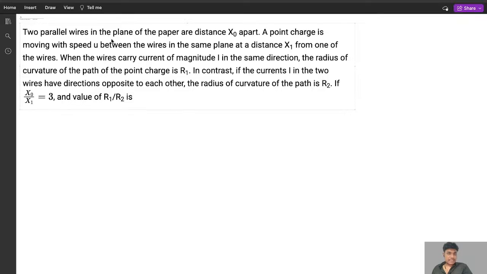Two parallel wires in the plane of paper are distance x naught. Okay, so here are our two wires. दो वायर हैं अपने. ओके, इन दोनों के बीच का डिस्टेंस कितना है? x naught है.